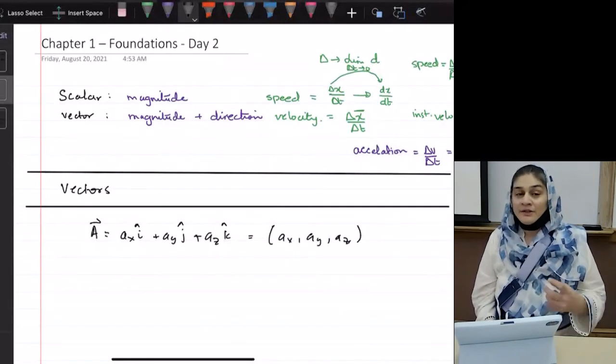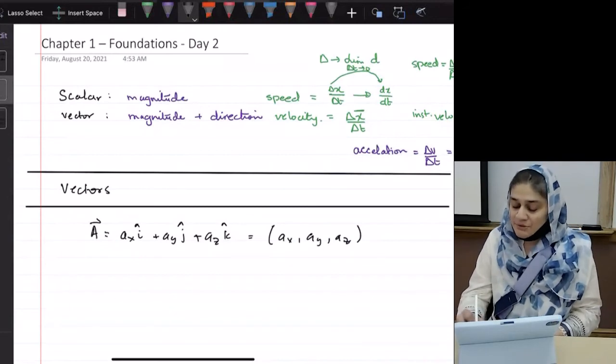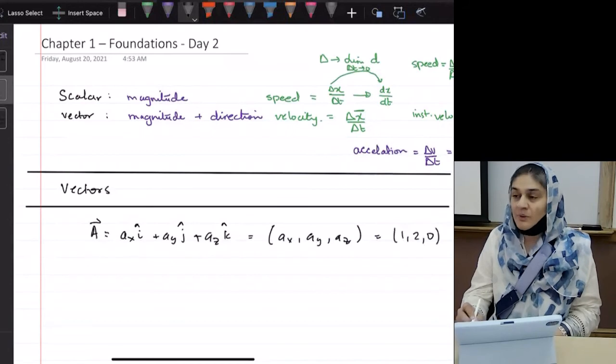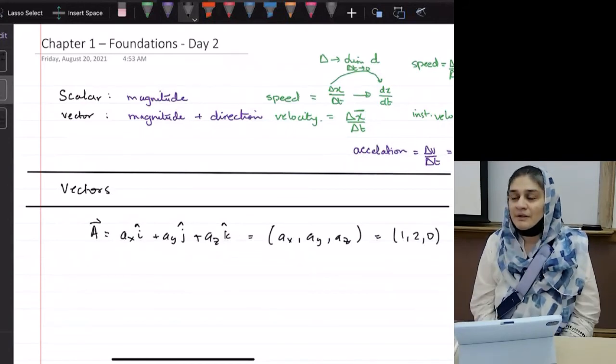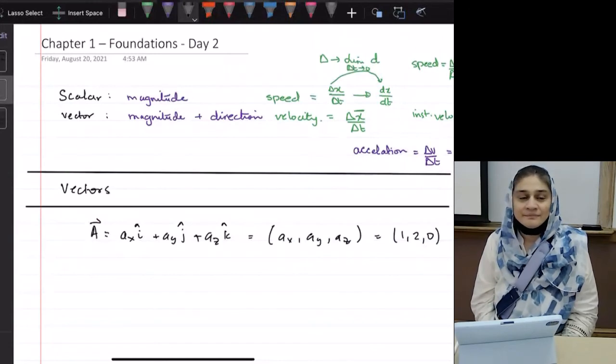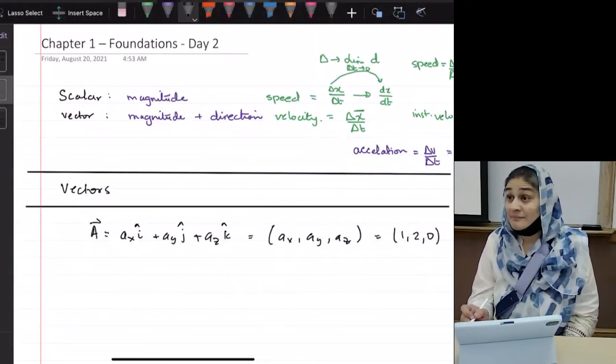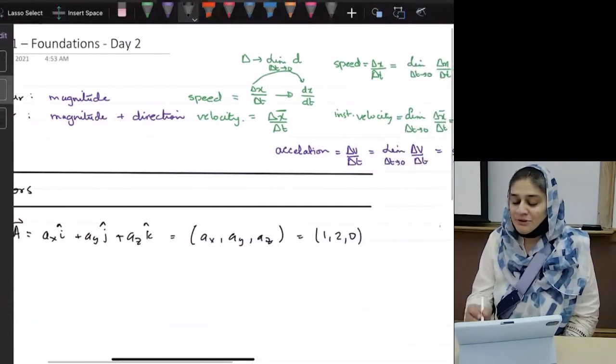Now, on your 3D coordinate systems, I want you to tell me where 1, 2, and 0 will be. Talk to each other. Do you all agree? Make sure we're all okay. Good. Now draw.